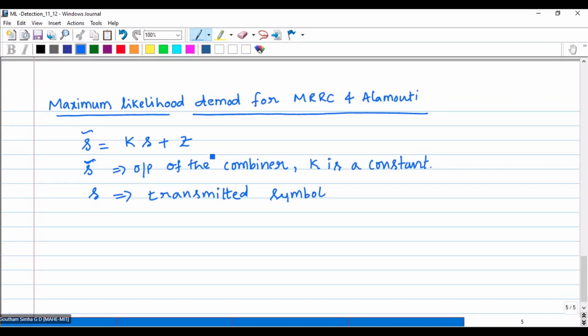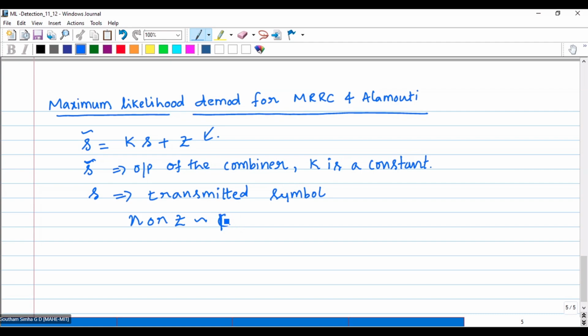Z is the noise term, that also we know. Usually it is circularly symmetric additive white Gaussian noise, with independent and identically distributed random variables. So Gaussian noise with zero mean and variance, or Z is circularly symmetric complex Gaussian noise.